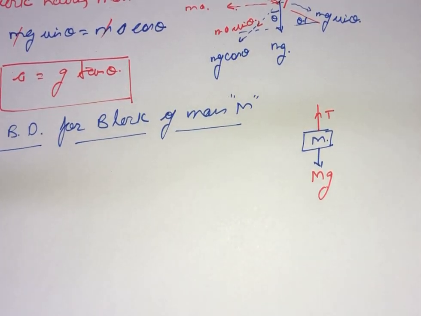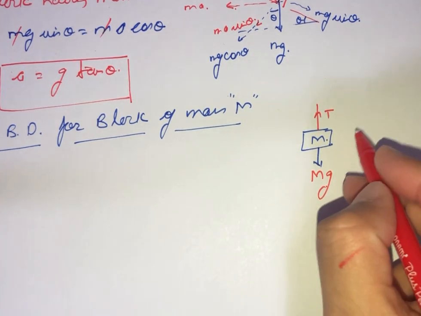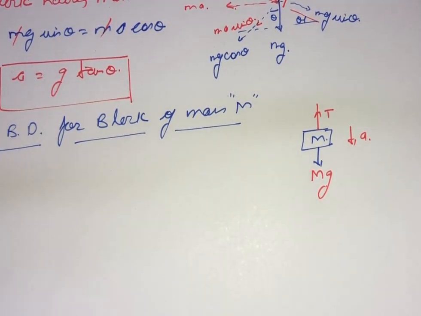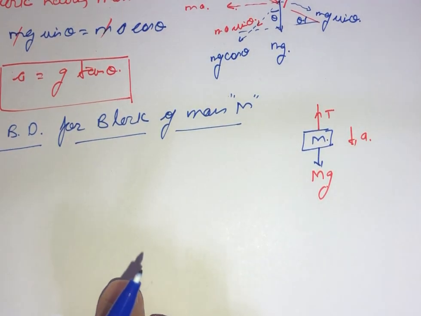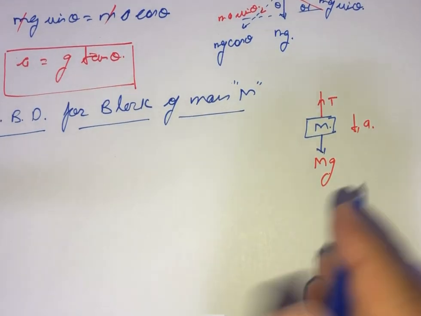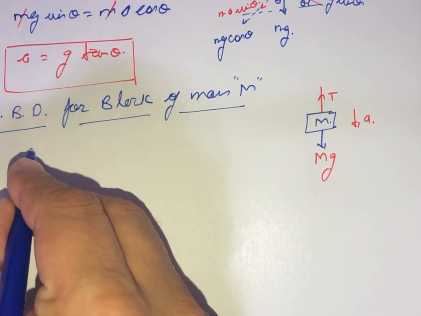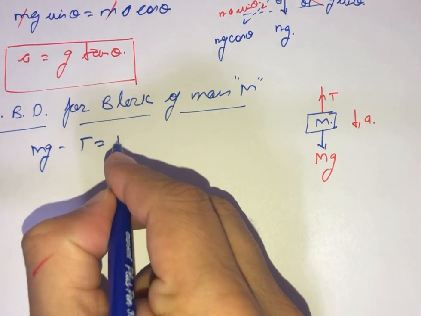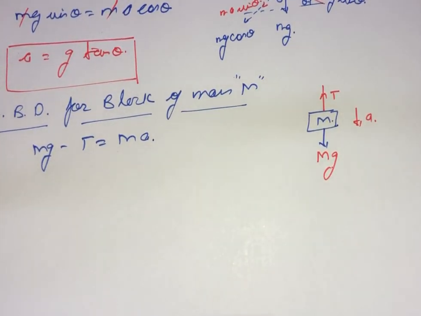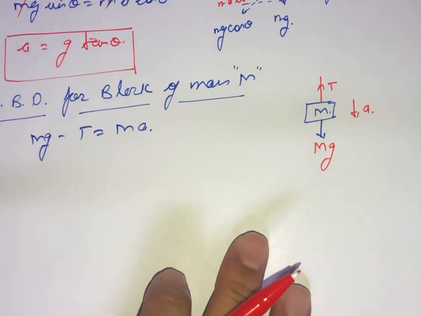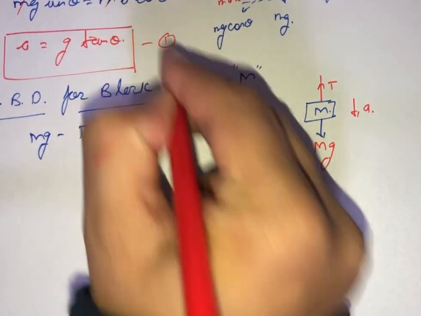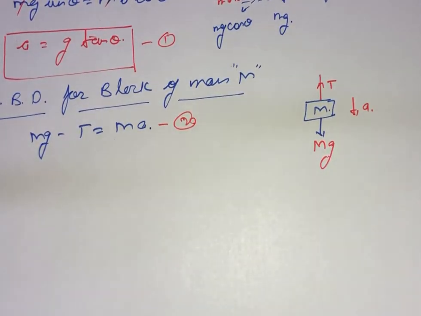And there will be acceleration a also in the downward direction. So we can say that Mg minus T will be equal to Ma. From here we can find T. We can use it later on also. Let us call this equation number 1 and this equation number 2.